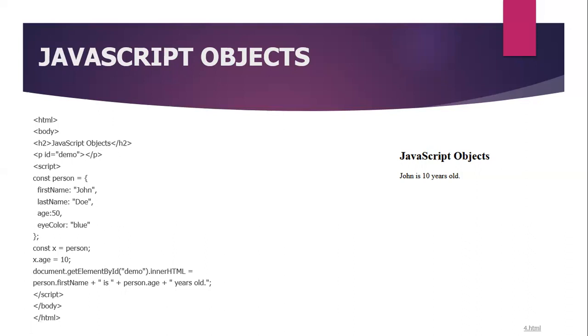Now I'm changing it to 10. Now I'm printing person, not x. Even though the age value is changed for the x object, it will be replicated in person also. So person.firstName will be John, and now the age is changed to 10. So "John is 10 years old" will be displayed.